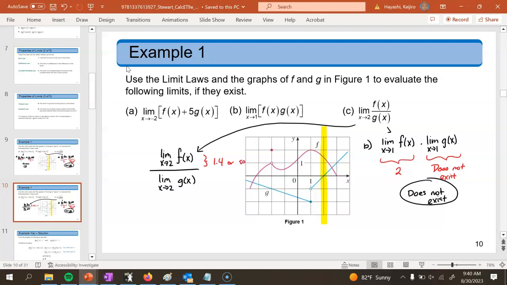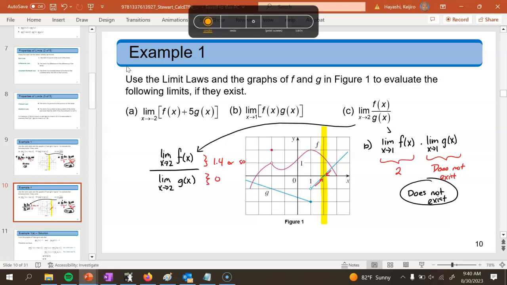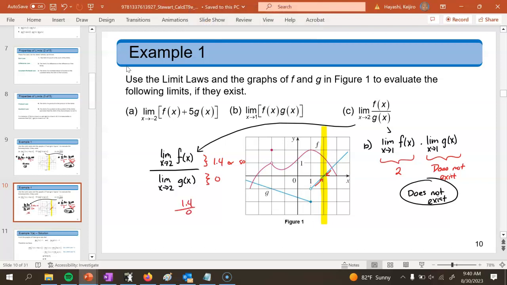What about g? What's the limit as x approaches 2 of the function in blue? What function value does it appear to be approaching, both from the left and the right? 0. So we got ourselves 1.4 divided by 0.